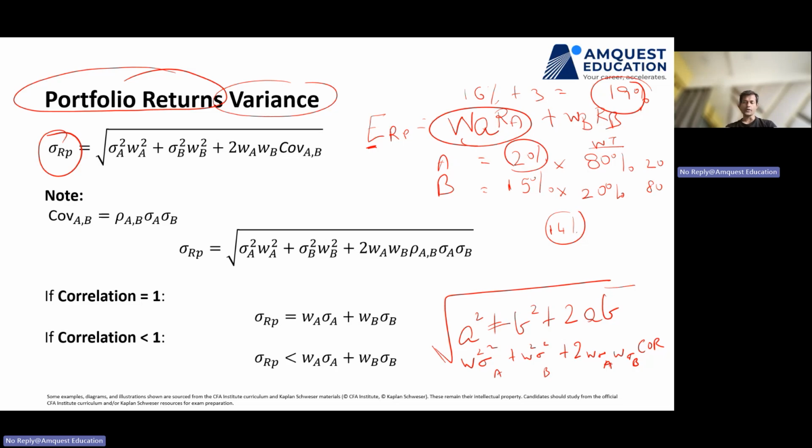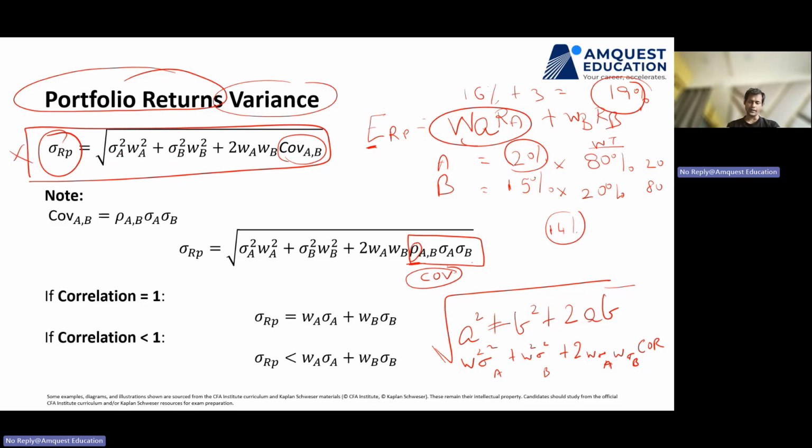Done. Now you do realize that if I do correlation into deviation, I will get covariance, right? You know the formula of correlation. So you already know that correlation, which is known by this symbol, is covariance upon deviation. So correlation into deviation is equal to covariance. So I could also replace this part by this, which is why the shortcut formula is this.